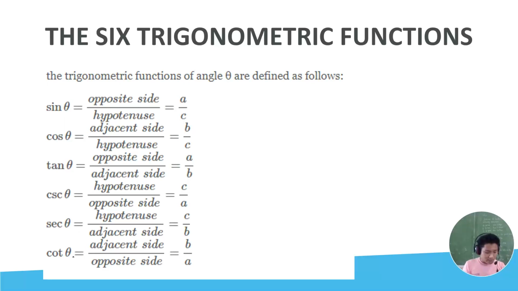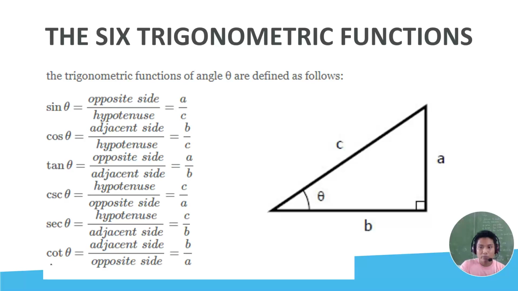Usually, one of the applications of these trigonometric functions can be derived from the right triangle. So if we are going to solve a right triangle, there are solutions using trigonometric functions given the sides of a right triangle and an included angle.